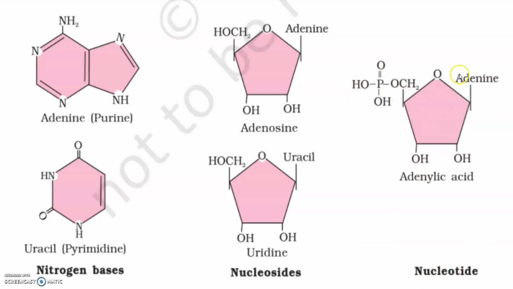These are the nitrogenous bases: adenine, uracil. These are purines and these are pyrimidines. Adenosine, guanosine, cytidine, thymidine are all nucleosides. Adenylic acid, thymidylic acid, guanylic acid, uridylic acid, and cytidylic acid are all nucleotides.